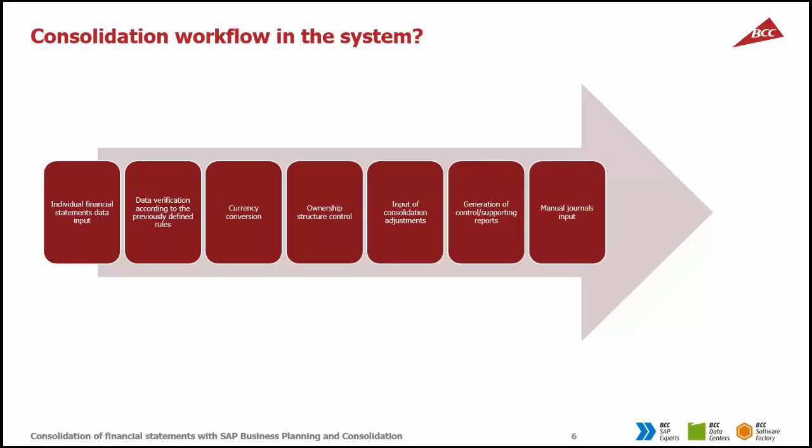If something is still missing, you can put in some manual journal inputs. This is a very good example because you can put this manual journal only in this system, so you don't have to make postings in your transactional systems when you have already closed your accounting periods.